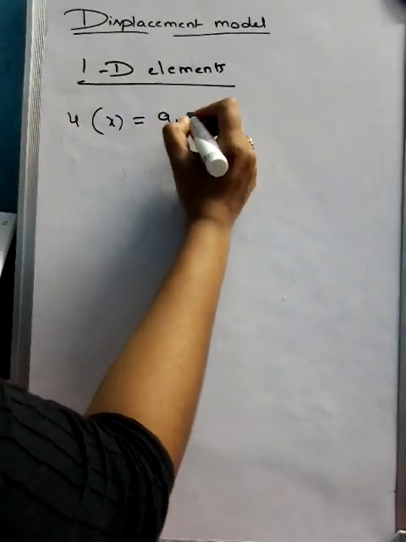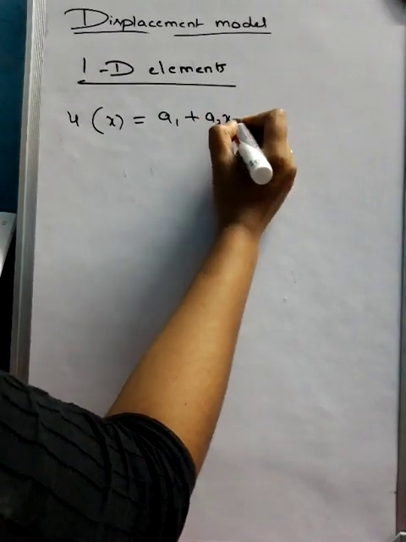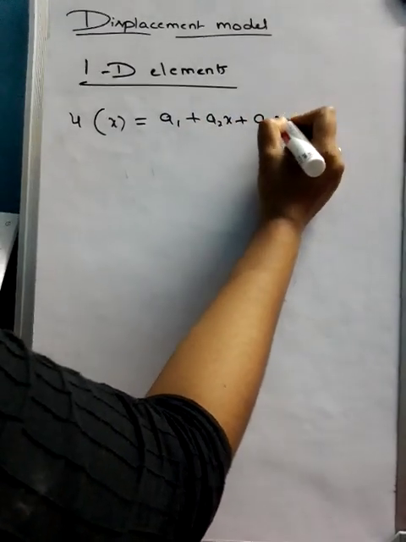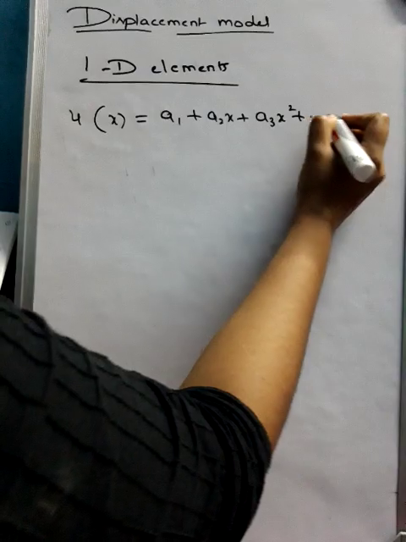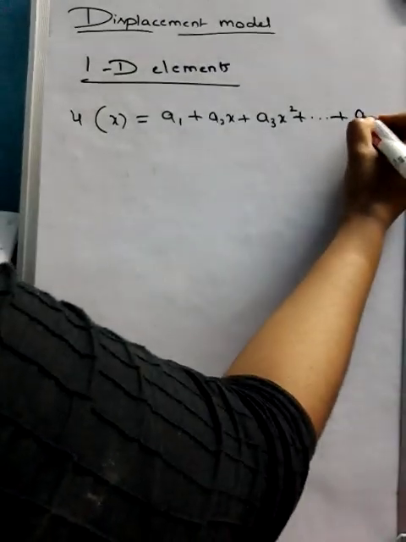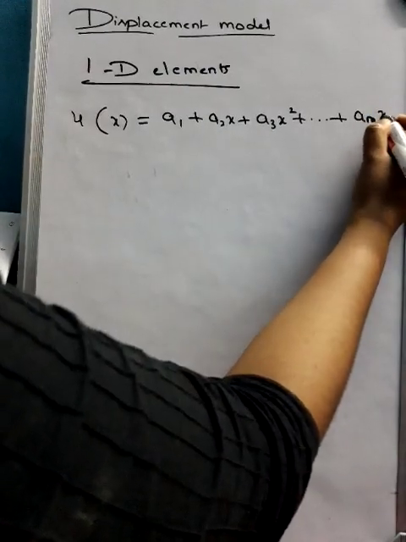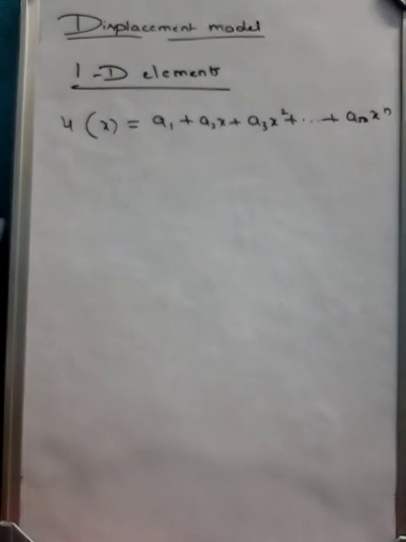If you have a displacement model for axial or longitudinal displacement, that means displacement in the x direction, you are going to write u of x is equal to a1 plus a2 into x plus a3 into x square, and so on, up to am x to the power of n.